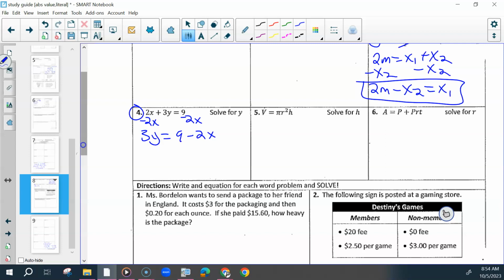And then, because this 9 is here, this is going to simplify when we divide, so divide everything. y equals 3 minus 2/3 x. Or if you put negative 2x over 3, that is also fine. Questions on those or any other questions in the literal before we move on to word problems?